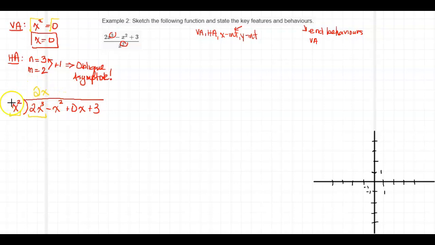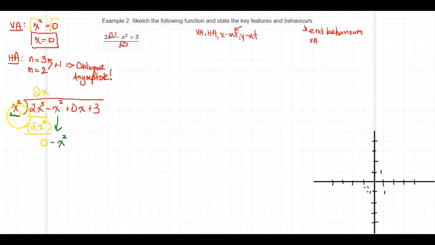When I multiply that 2x by this x squared, we're going to have 2x cubed, and we subtract. And as long as you've done this right, they will cancel, and they do. So let's bring down the next one. And then we bring down negative x squared, and we repeat that process.